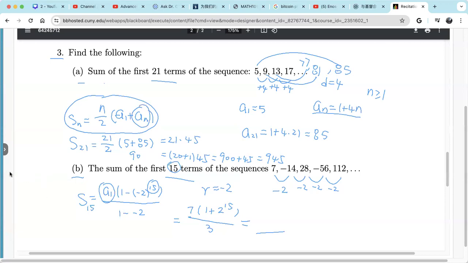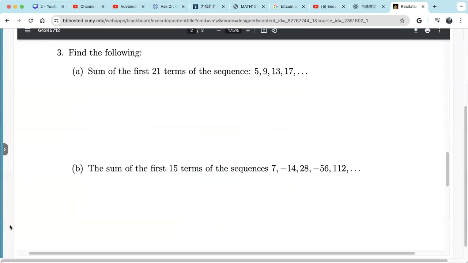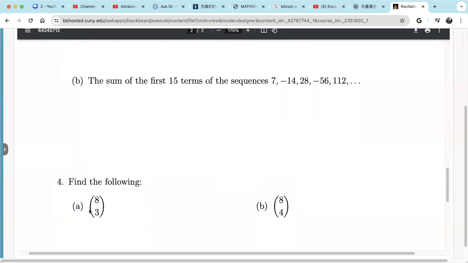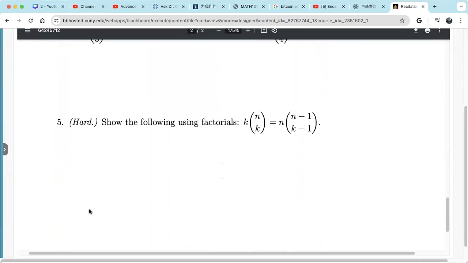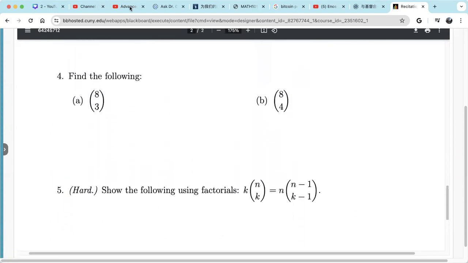Okay, so let's see. I think those are the last two questions. Okay, so what does this notation mean? This permutation notation.